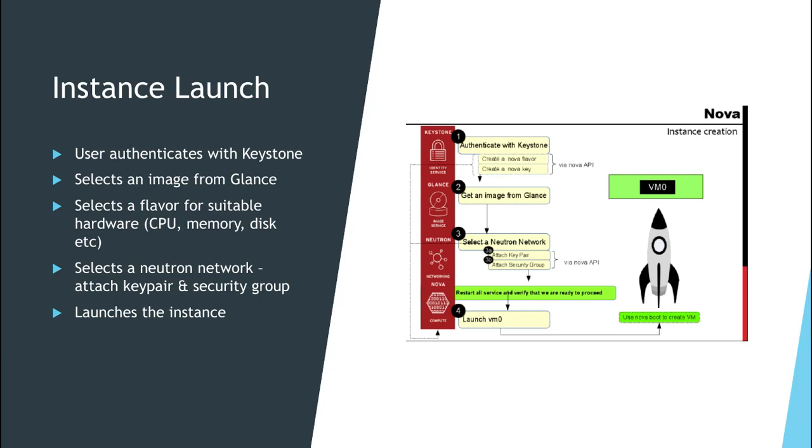Once all these are checked and permission is granted, the user selects an image from Glance. He may have an image of Red Hat, Ubuntu, whatever is suitable for his requirement.